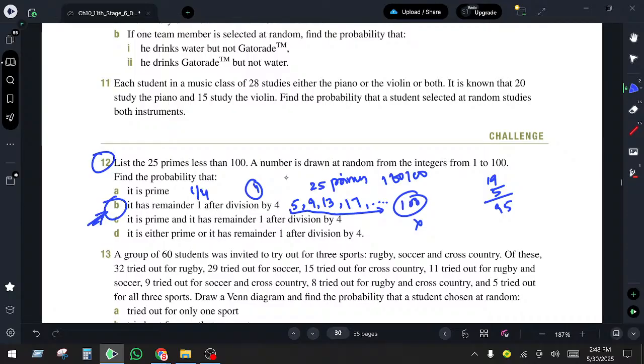So previously one lost, and even at the end it is unable to add it. It is 19 by 100.